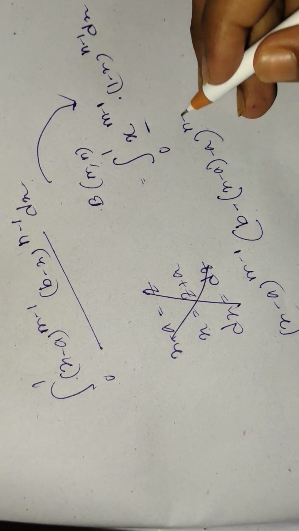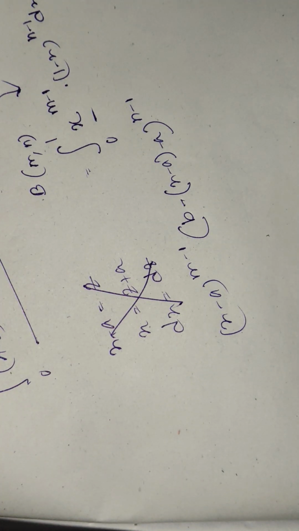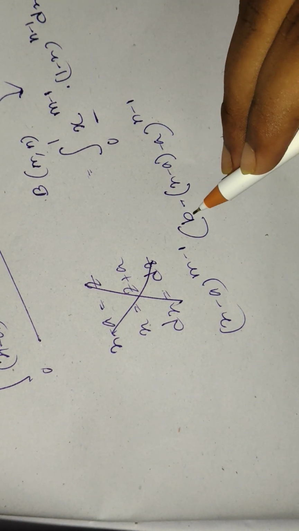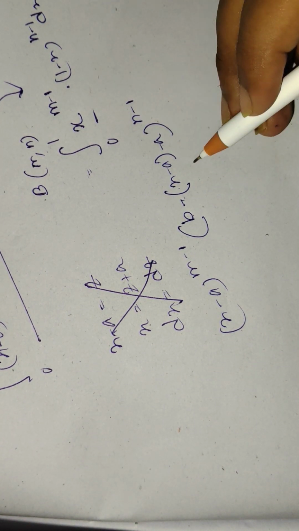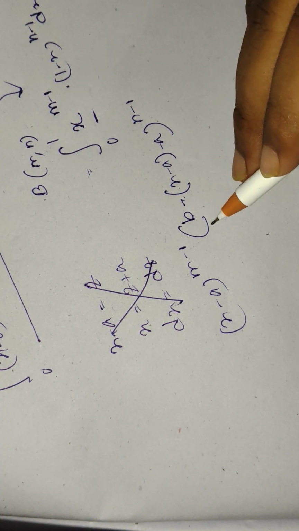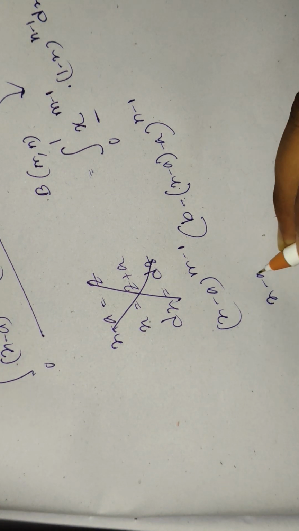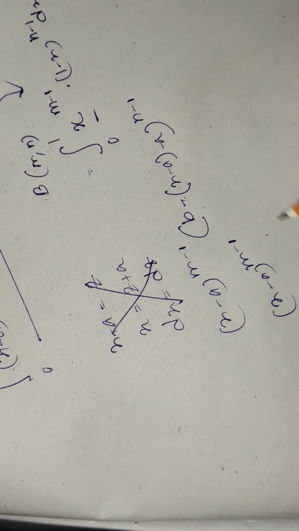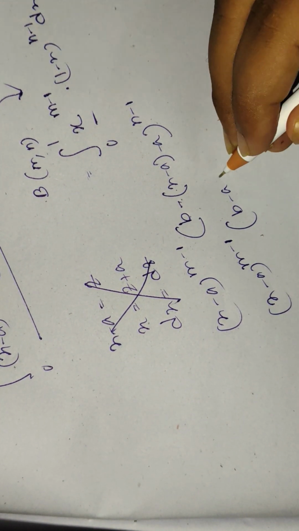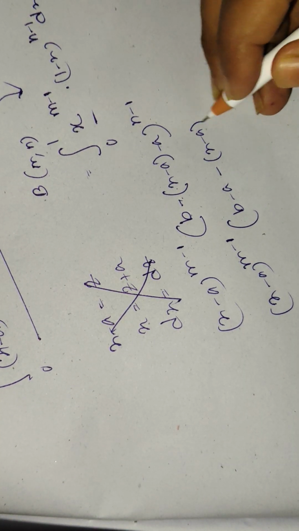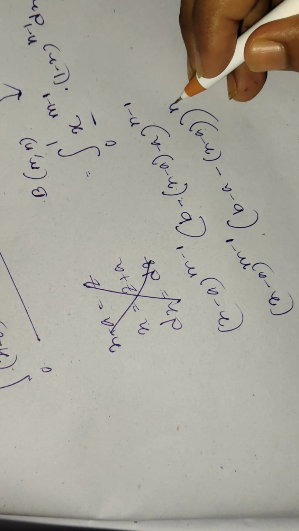We can write this function in that way. This will be b minus x, plus a, minus a. Plus a and minus a cancel out, so this is b minus x. So this is (x minus a) to the power m minus 1, and this is (b minus a)(x minus a) to the power n minus 1.